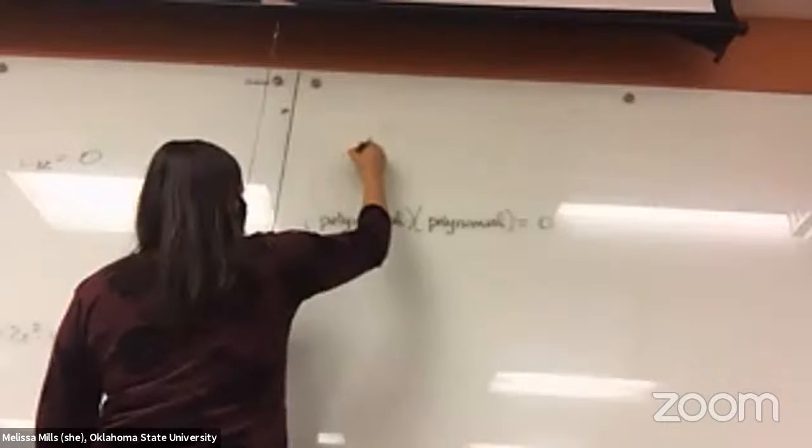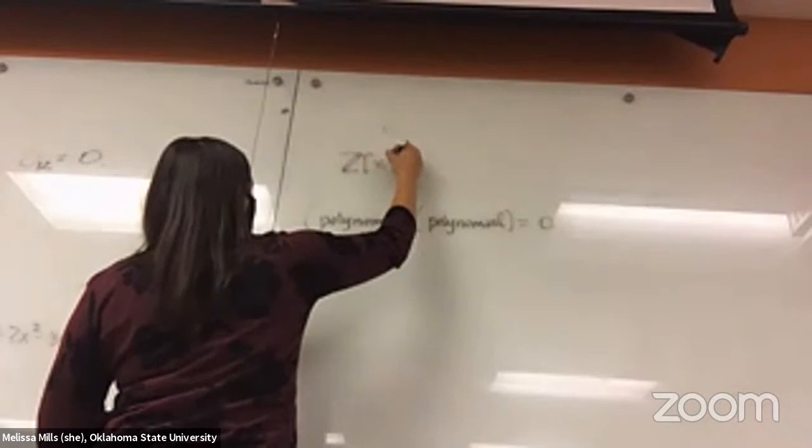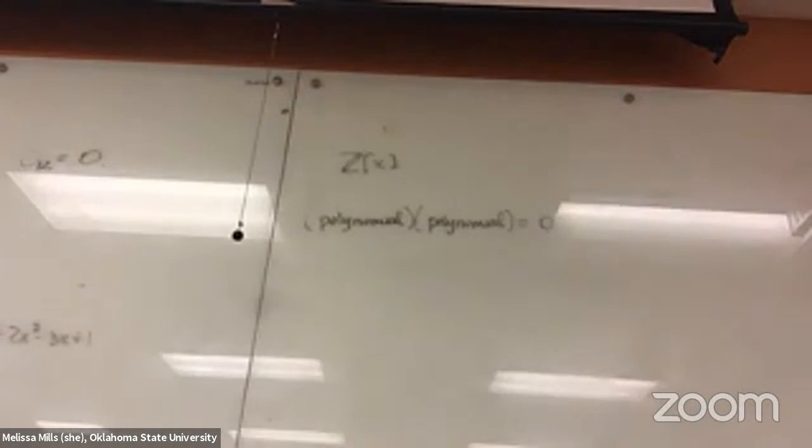So we're in Z adjoin X. If we have a polynomial multiplied by another polynomial equals 0, what does your experience with polynomials tell you? One of them has to be 0, right? Yeah, and so we use that zero product property with polynomials all the time. You've used it a lot.